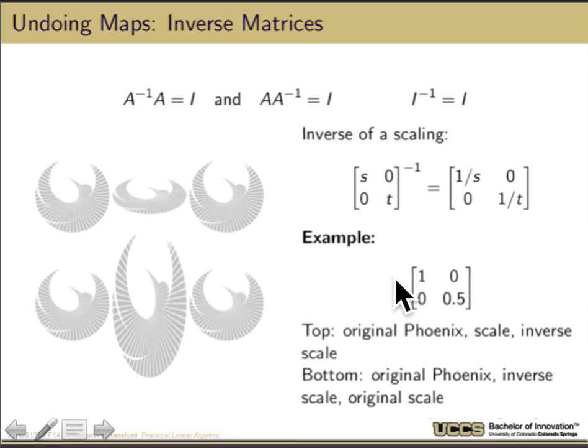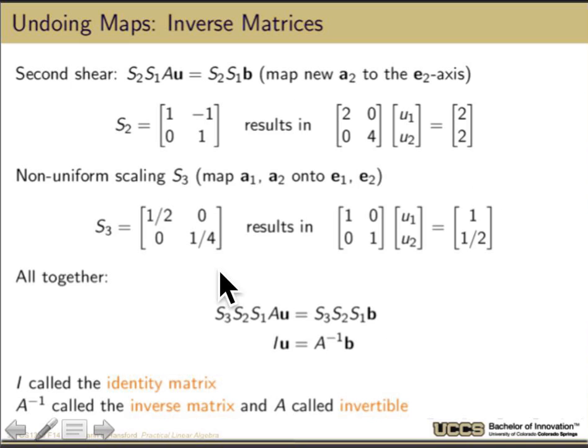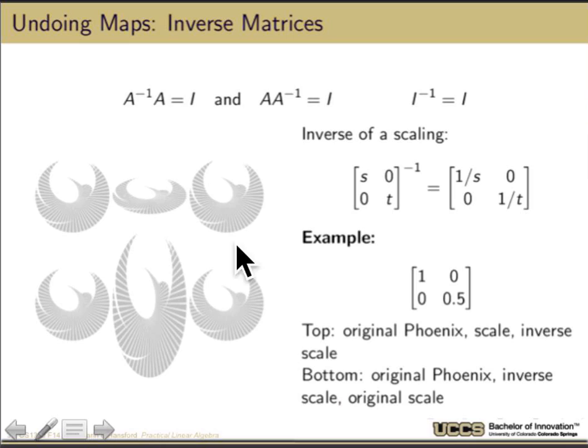So algebraically, that's given us one way of looking at an inverse. We can also think about it a little bit graphically. The inverse has some very important properties, because if I take the inverse times the matrix, I get the identity. In fact, you can see that this inverse is S3, S2, S1. S3, S2, S1 times A equals the identity. So we get that directly from that equation.